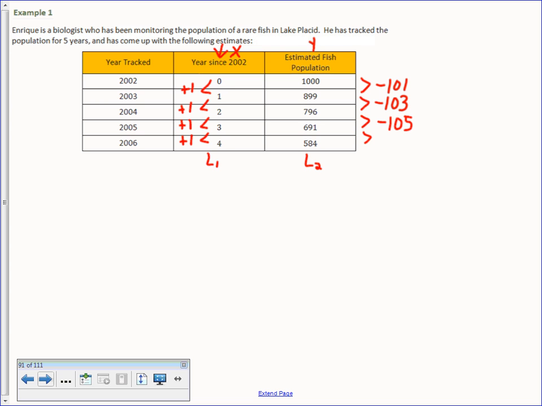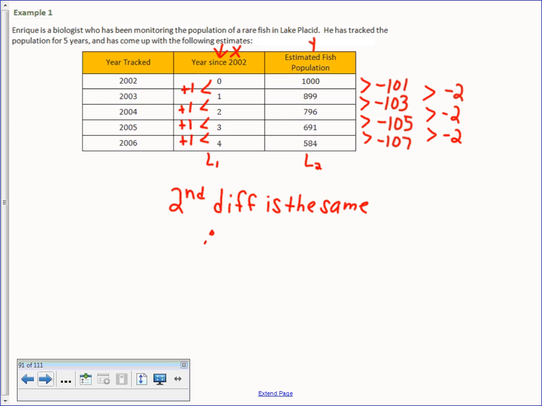And then the last one, I went down by 107. So right away I know it's not linear. My rate of change is different. When I take a look at the second difference, all of a sudden now I realize every single one is going down by 2. My second difference is the same. Therefore, I know I have a quadratic function.